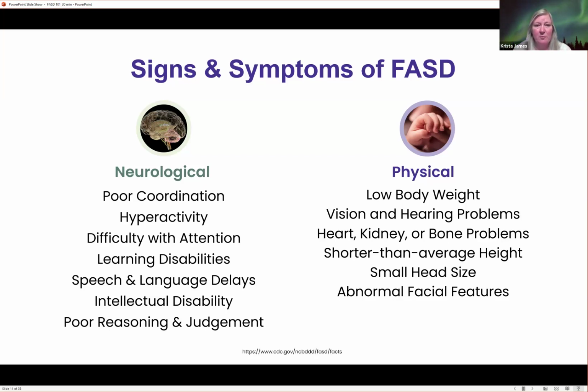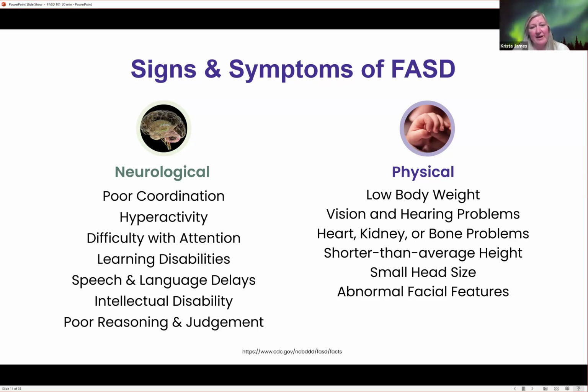One person might have neurological challenges, which might be poor coordination, hyperactivity, difficulty with attention. They may exhibit some learning disabilities or have some speech language delays. Fewer people with FASD have intellectual disabilities, but we do have some that do. And then more have difficulty with poor reasoning and judgment.